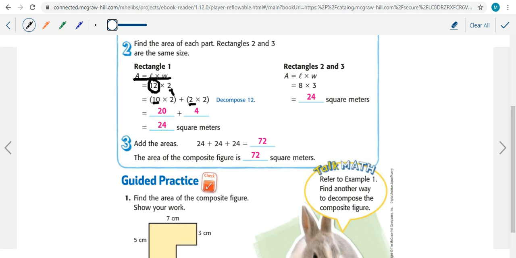Remember that this number never changes. Now, 10 times 2 is 20, and 2 times 2 is 4. Then we add 20 plus 4 is 24. So the area of one of the rectangles is 24.